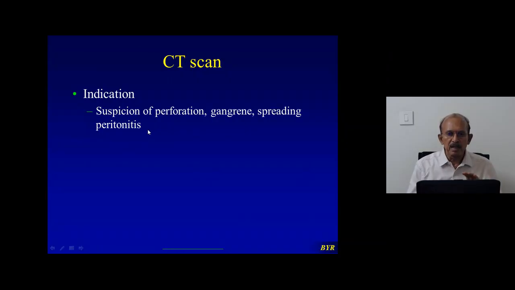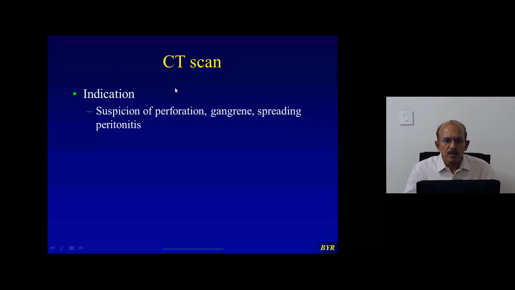But when perforation, gangrene, or spreading infection occurs, the pain will increase, fever will increase, pulse rate increases, and total count increases. So when they are increasing, that means there is suspicion of these things. Whenever you suspect those things, you must ask the patient to have a CT scan. That will tell you in detail whether there is any perforation, gangrene, or spreading peritonitis.